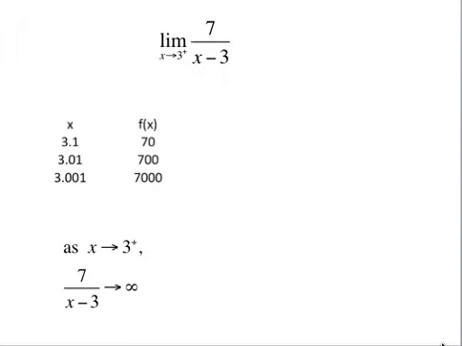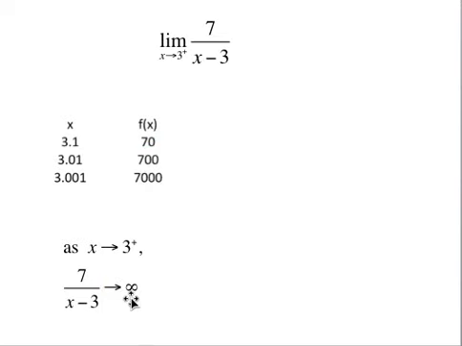You can also look at a table. 3.1 minus 3 is 0.1, 7 over 0.1 is 70. 3.01 minus 3 is 0.01, 7 over 0.01 is 700. 3.001 minus 3 is 0.001, 7 over 0.001 is 7,000. So as we are approaching 3 from the right, what's happening to these numbers? They're getting increasingly large, they're going to positive infinity.